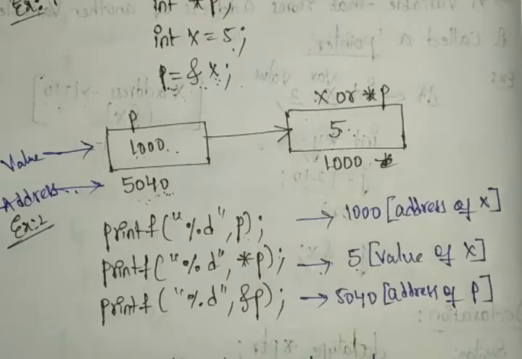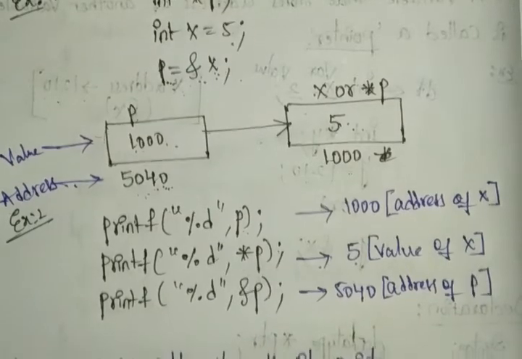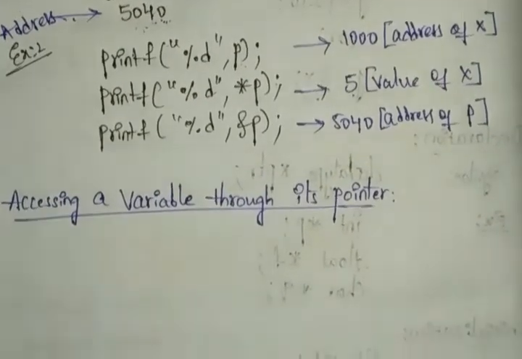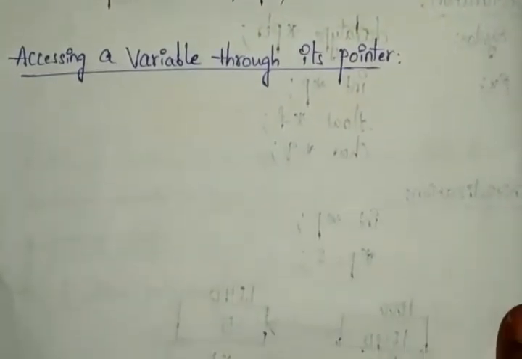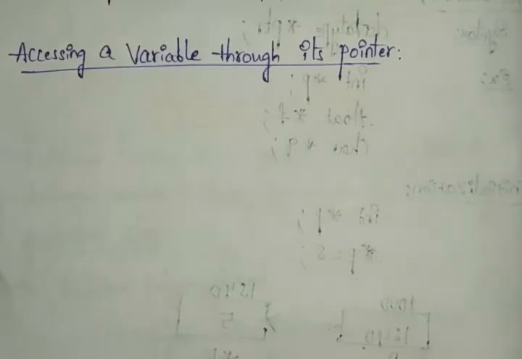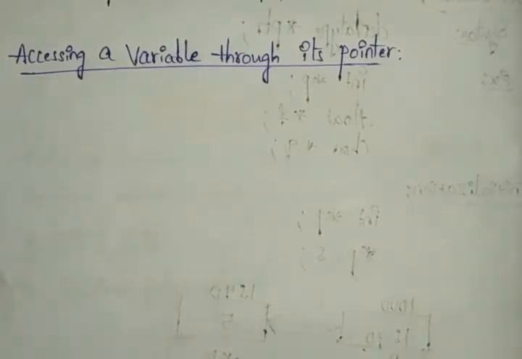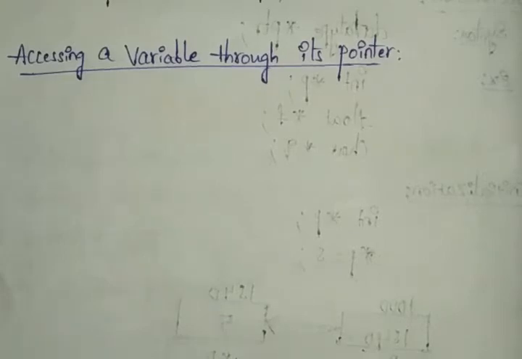And next here we have how to access the variable through its pointer, accessing a variable through its pointer. How can we perform this? Let's see here. We can access our variables easily. Suppose you are allocating space in our memory for the variable, or else you associate the name with the memory locations, and it can also store the value at this memory location.